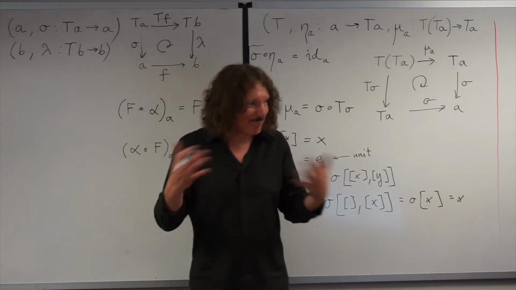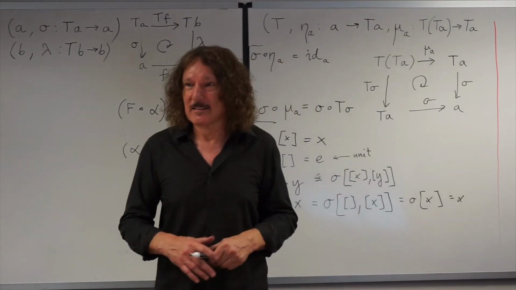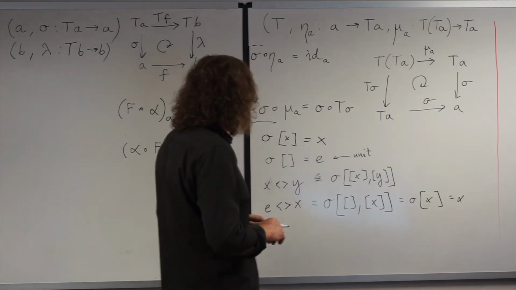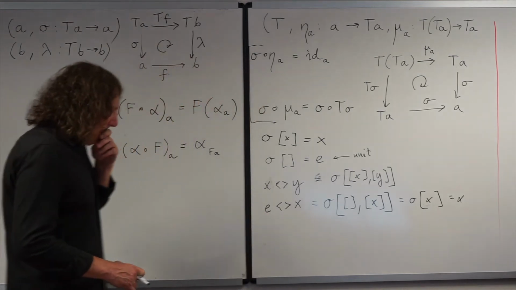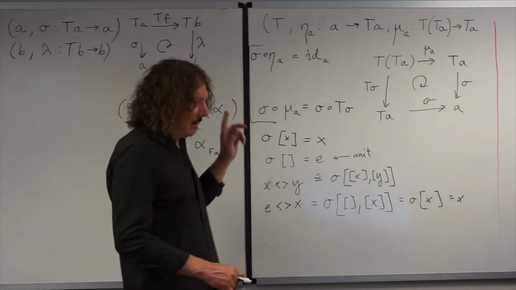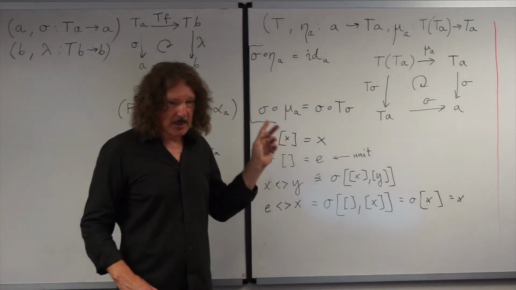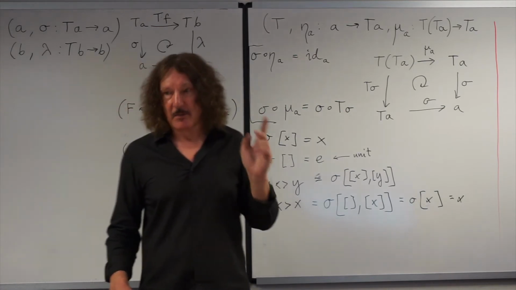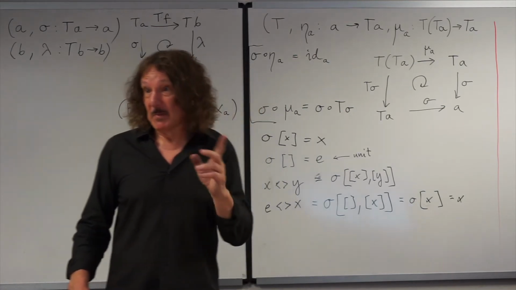But that's kind of automatic, and it's very easy homework, right? So the category of monad algebras for the list monad is equivalent to the category of monoids. Remember that.